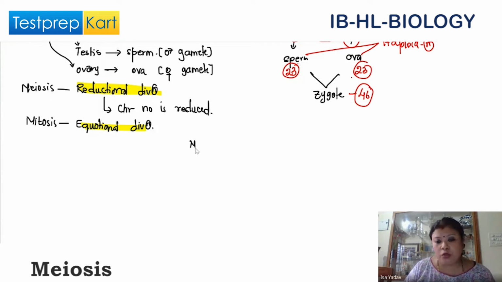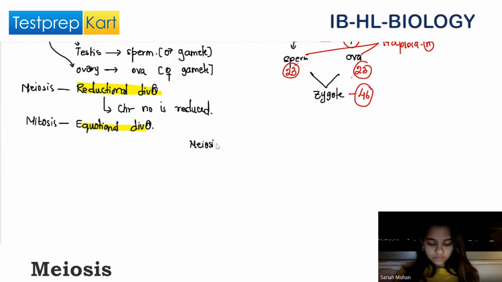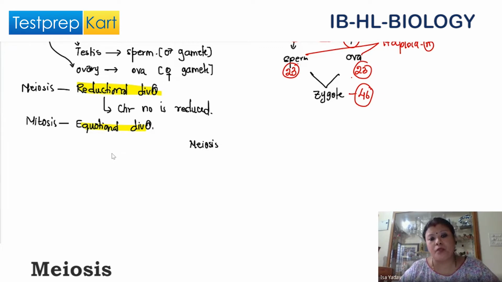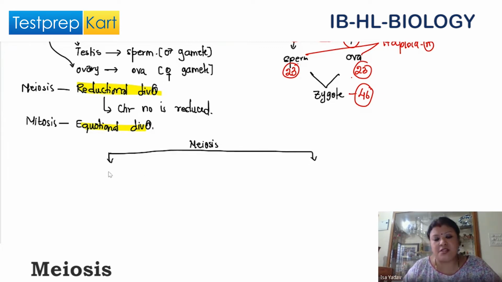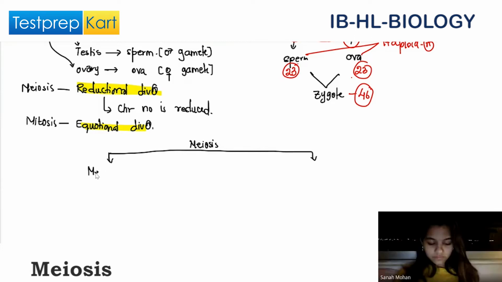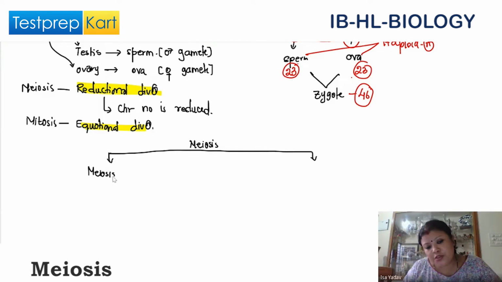When we talk about meiosis, meiosis has two divisions: meiosis 1 and meiosis 2.